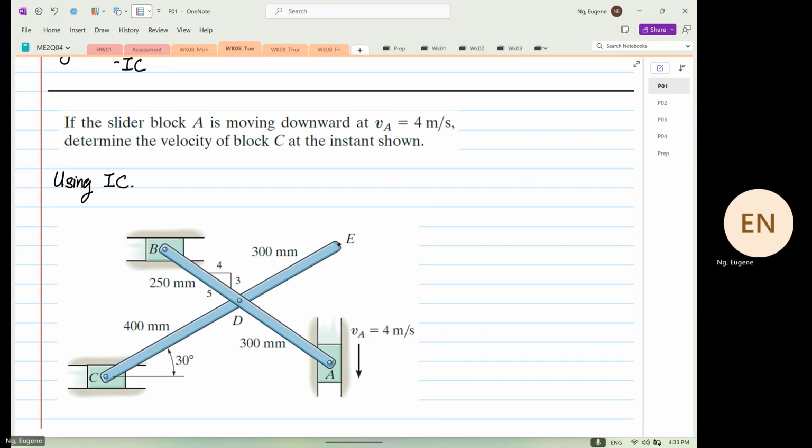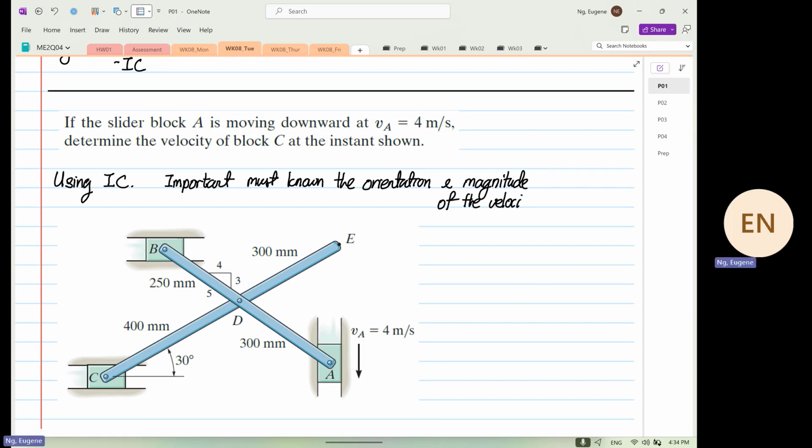Okay. So the thing about instantaneous center, as you all know, the important part is this. We must know the orientation and magnitude of the velocity of what type of velocity?